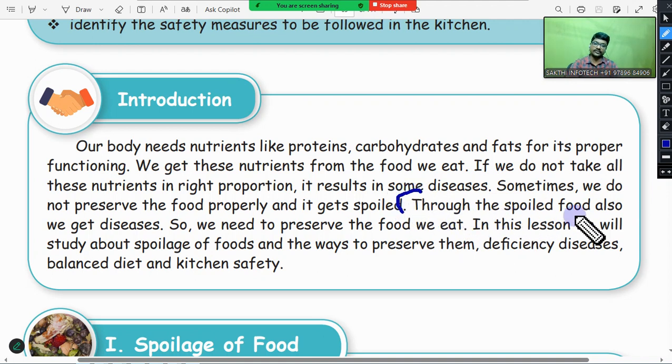Through the spoiled food also we get diseases. So we need to preserve the food we eat. Say two times.